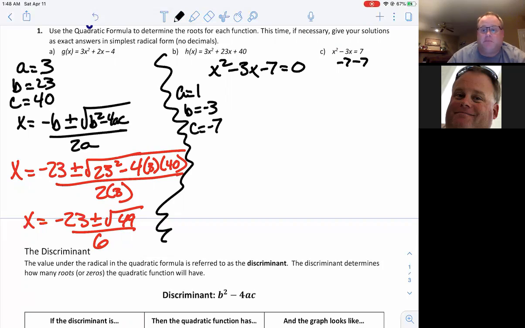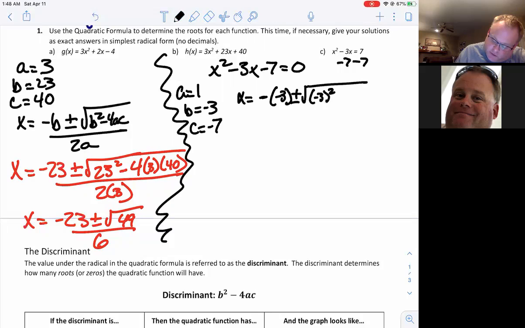Negative B plus and minus the square root of B squared minus 4AC all over 2A. Okay? So x equals negative, negative 3 plus or minus the square root of negative 3 squared minus 4 times my A times my C, all over 2 times A.